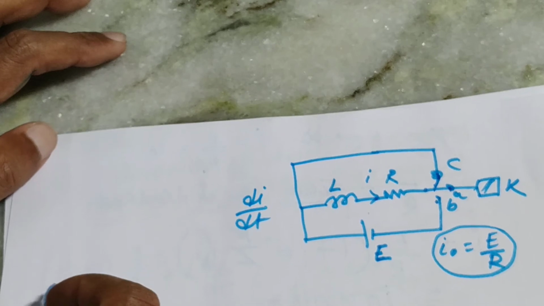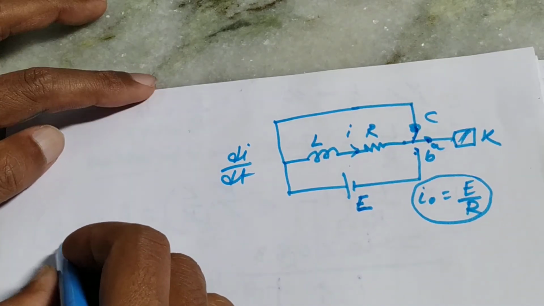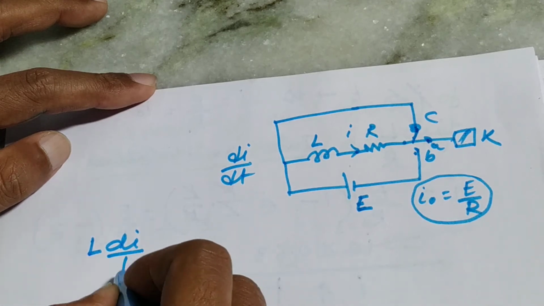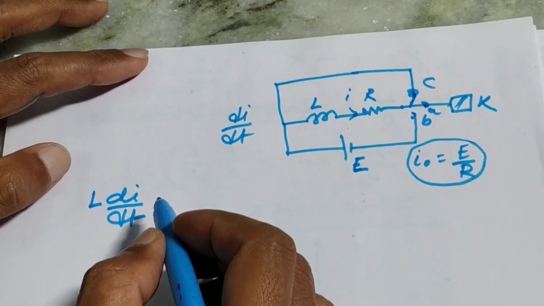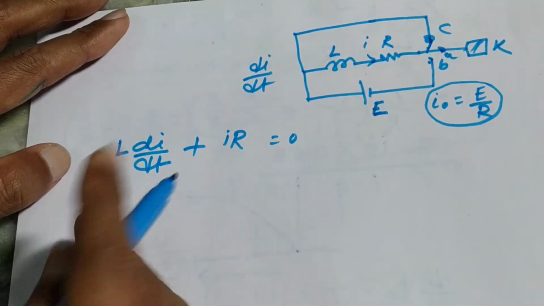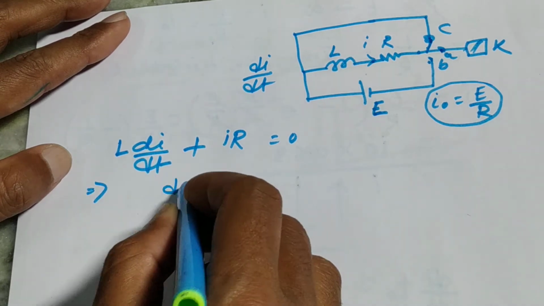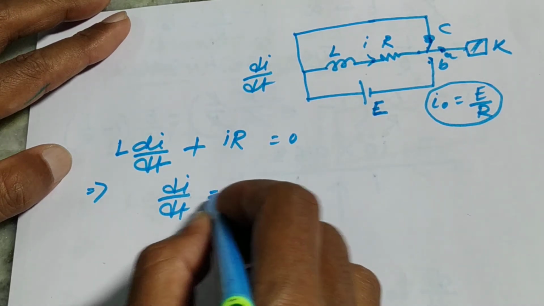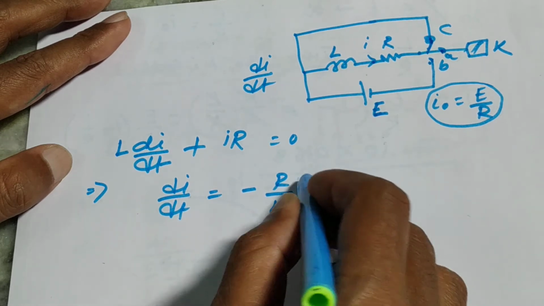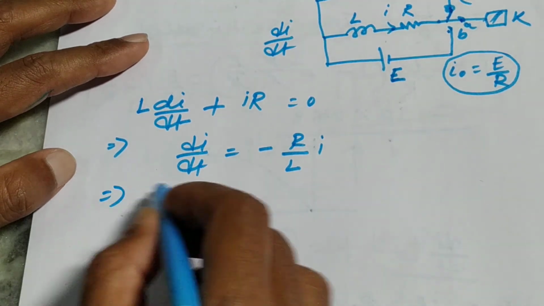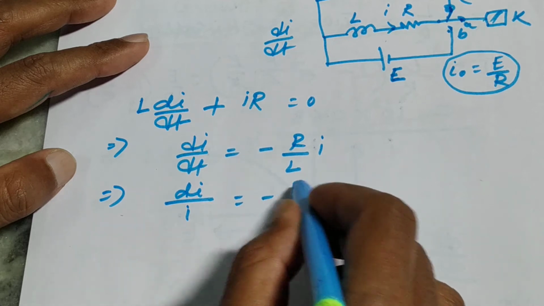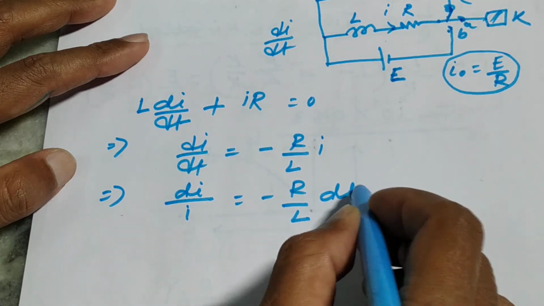So the voltage equation of the circuit can be written as L di by dt, the voltage drop across the inductor, plus IR is equal to 0. Or di by dt equals minus R by L I, or di by I equals minus R by L dt.